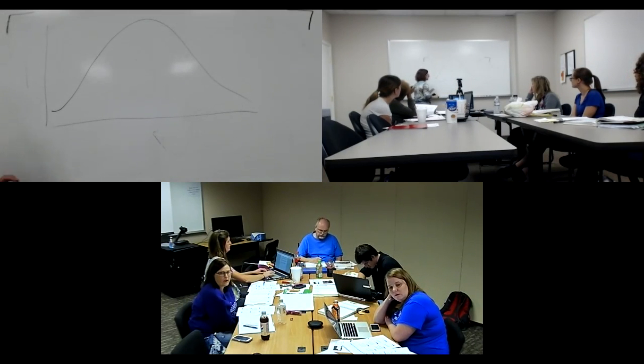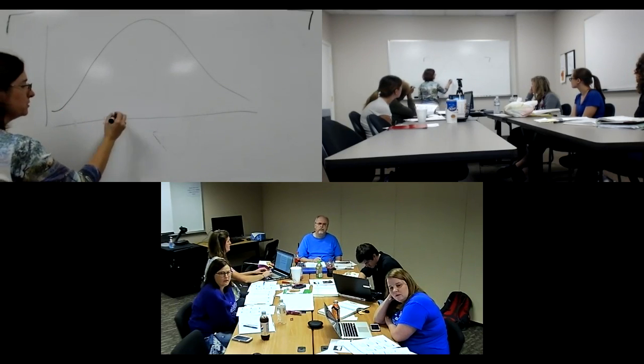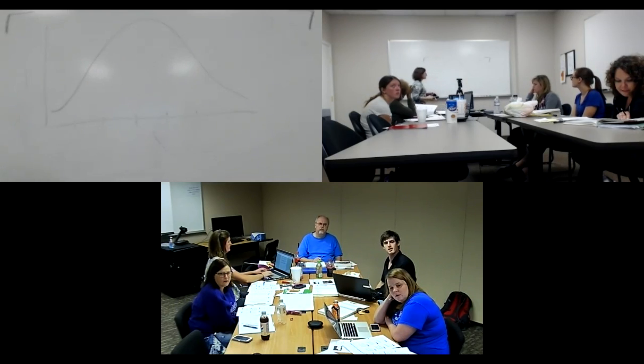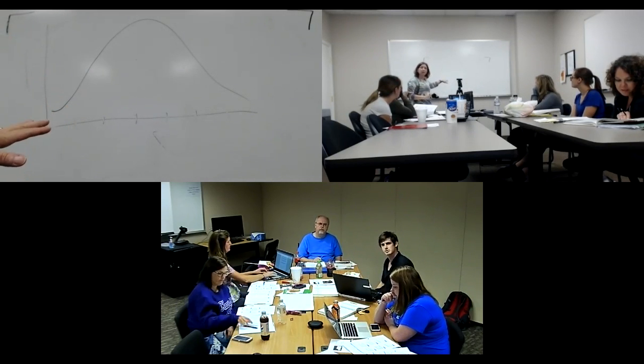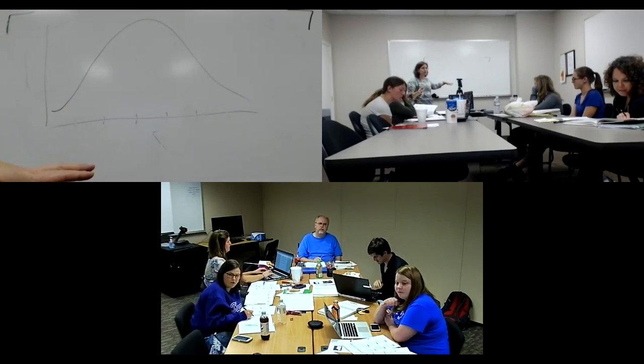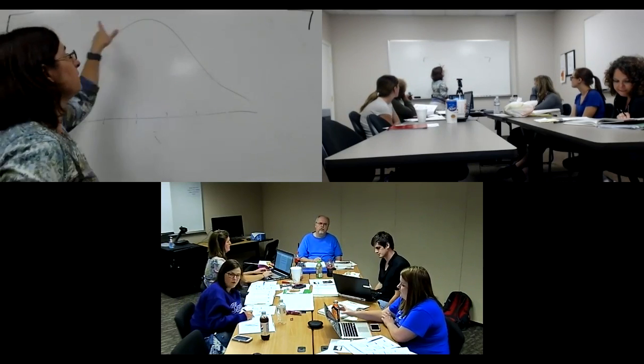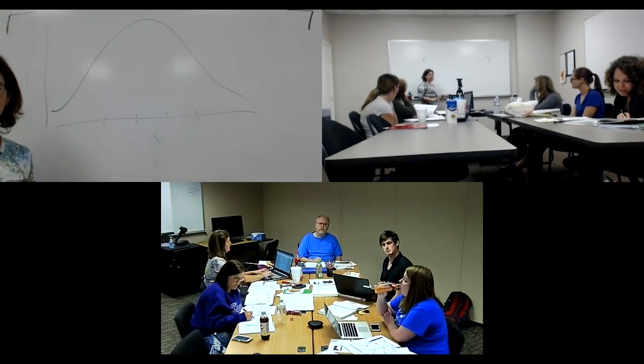That's not working because I just wiped it off. So sample 1, right here, sample 2, sample 3, 4, sample 5, sample 6. So we've got all of these means that are just like raw scores. So now what you're going to do is get the mean of this distribution.